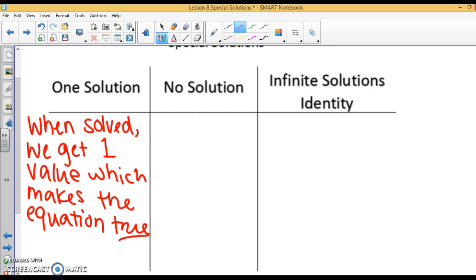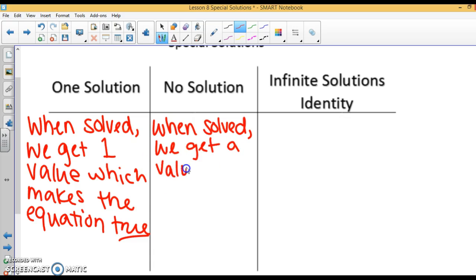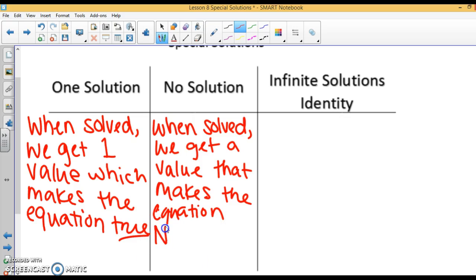So, for example, below, our first example, we got x equals 7. That is a one solution equation. So looking at our no solution, when solved, we get a value that makes the equation not true.